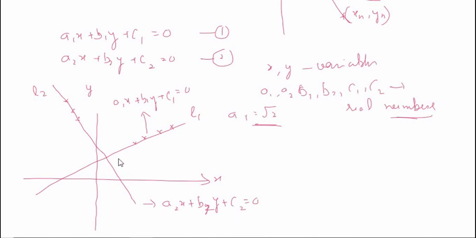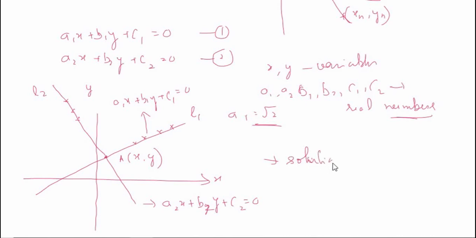Now these two lines meet at a point, let us say A, where the coordinates are x and y. This point A is on line L1, and it is also on line L2. So that means this point A is a common solution for the lines L1 and L2.